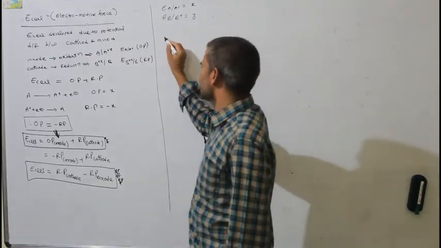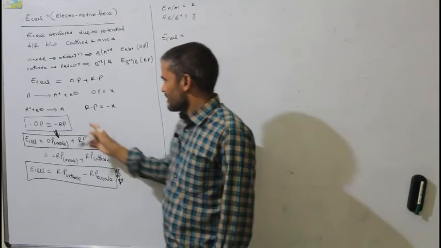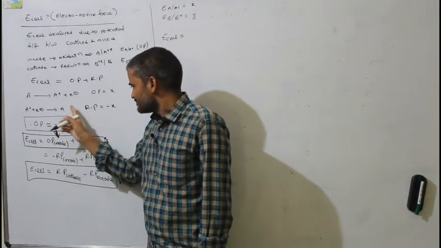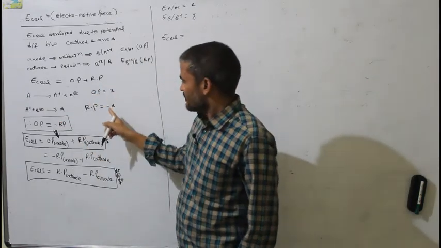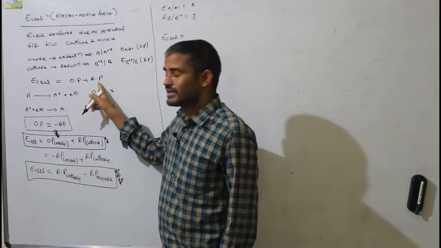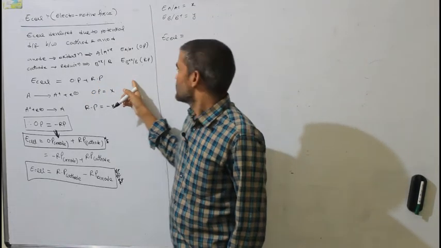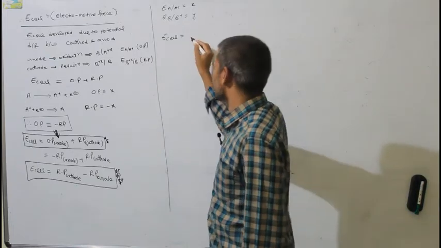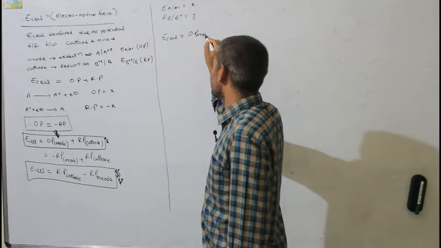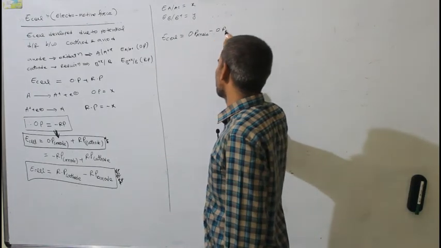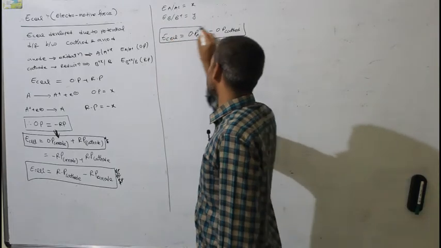Then how do we write E cell? E cell is equal to oxidation potential plus reduction potential. If reduction potential is RP, we can write RP is equal to minus OP. So this equation becomes oxidation potential of anode minus oxidation potential of cathode. This is another formula.